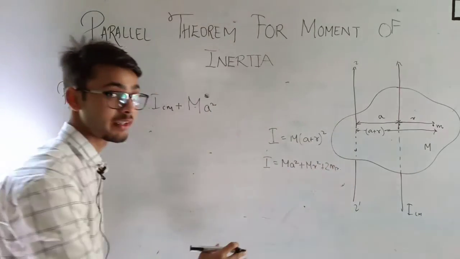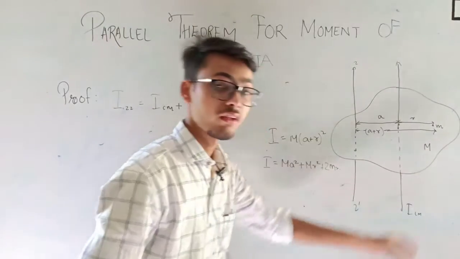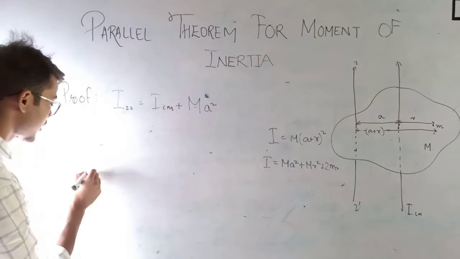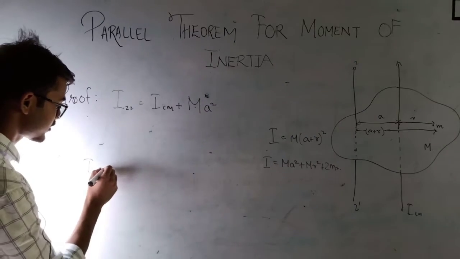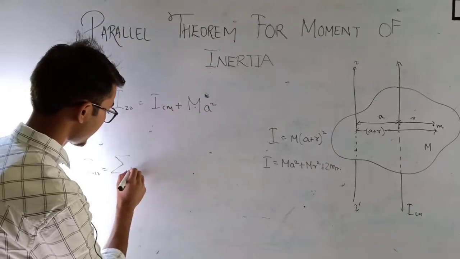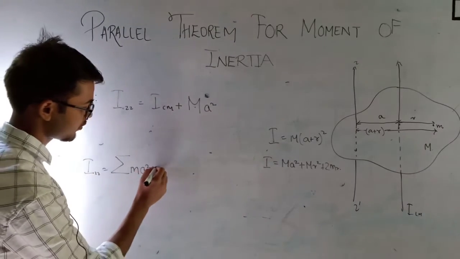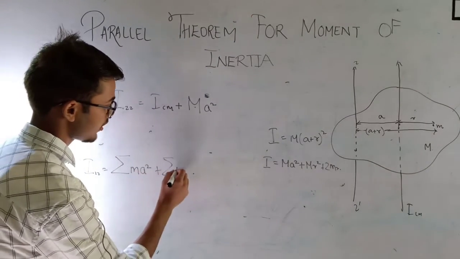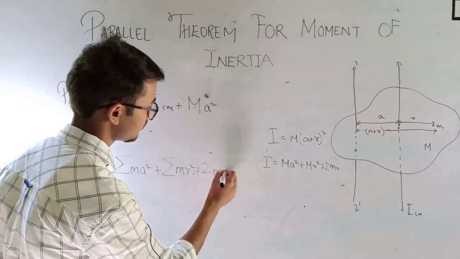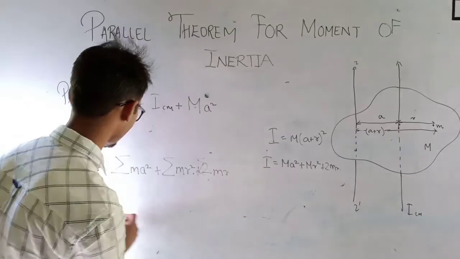This is for one particle, and for the sum of all the particles we have Iz equals sigma m a square plus sigma m r square plus sigma 2m a r.